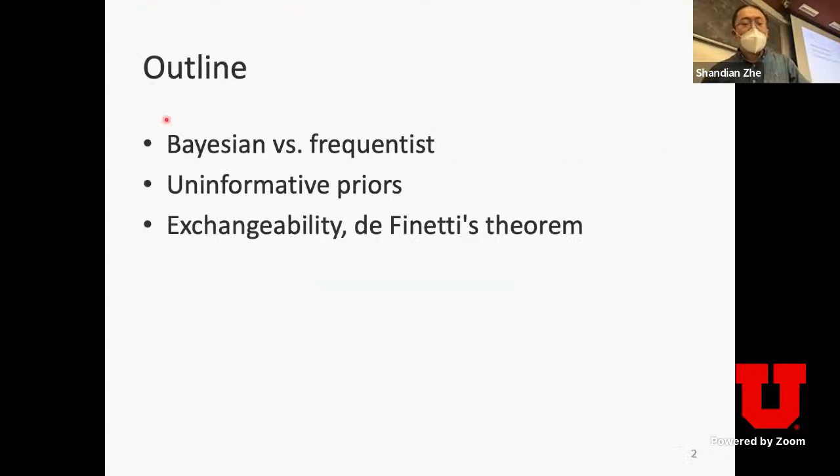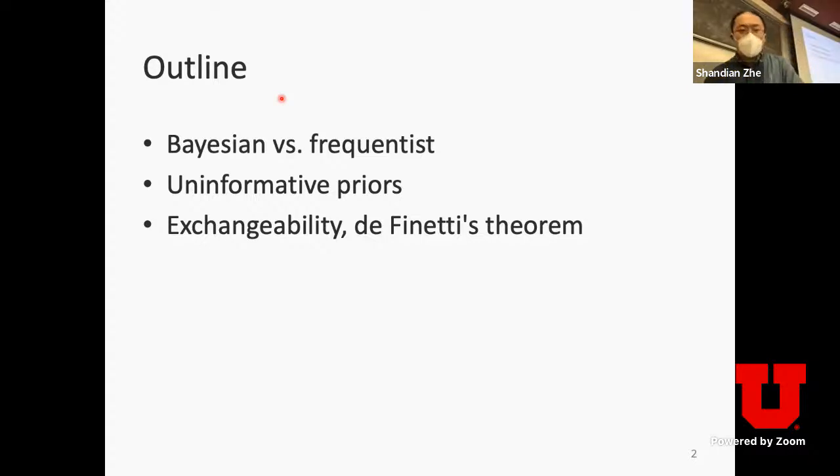We're first going to talk about the philosophical difference between the Bayesians and the frequentists. Those two groups of people have been debating for centuries. In the beginning, the frequentists were dominant, and Bayesians were really a small group of people struggling. Right now, things look kind of reversed.